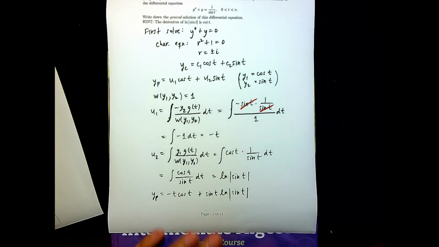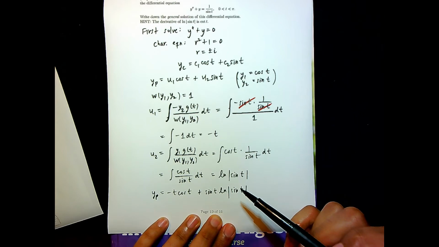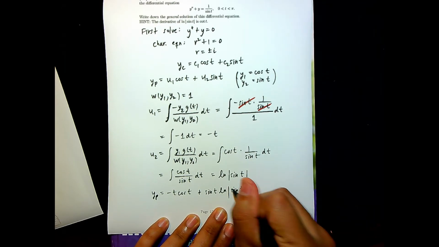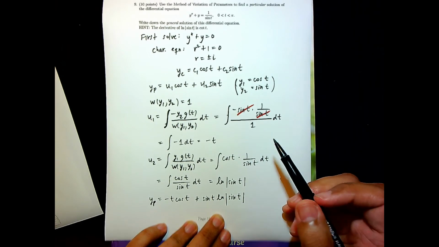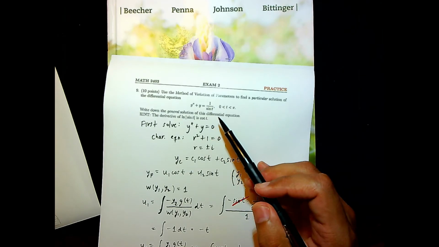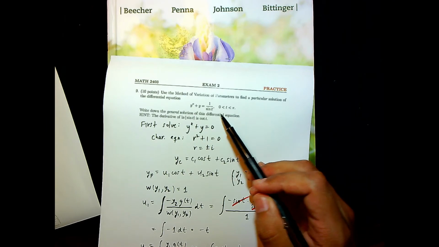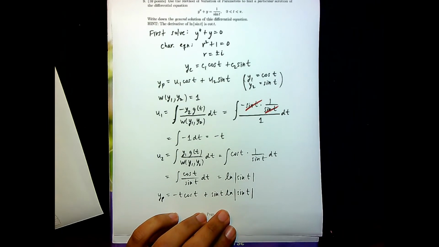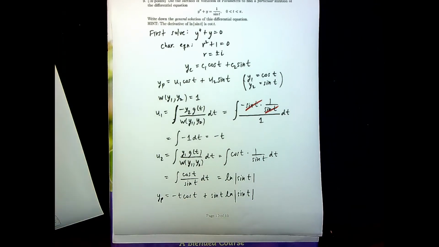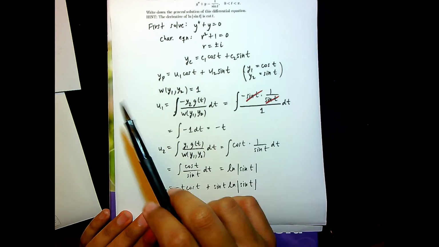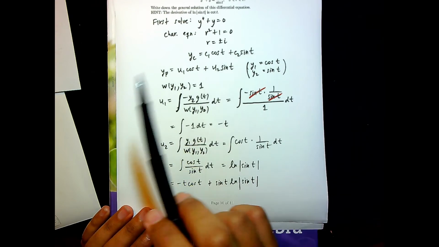Note one more thing, though, that we don't actually need the absolute values in this problem. Why? That is because they told us that t is between 0 and pi. When t is between 0 and pi, the sine is actually positive, right? Sine is the y-coordinate, so we're in quadrant 1 and quadrant 2.